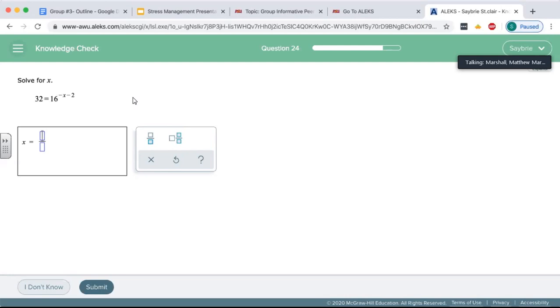So that gives me log 32. This, it doesn't let you type in any logs on here.